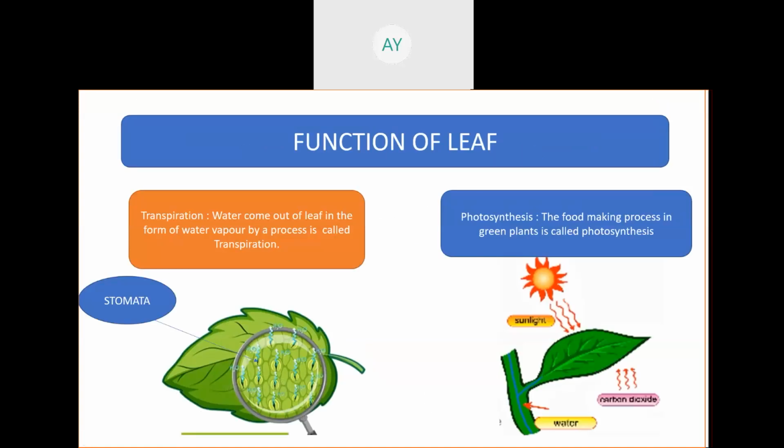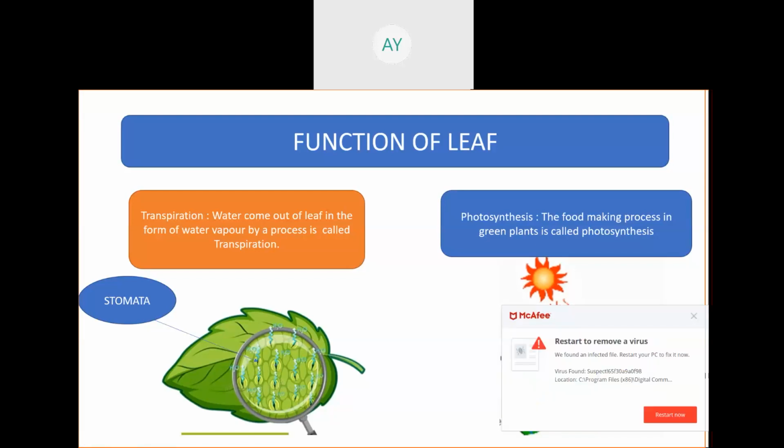I have already discussed what the function of the leaf is. In one case, that process is known as transpiration. How does it occur? Through a small pore-like structure on the leaf surface that you cannot observe with your naked eye. What is this? It is a stomata.